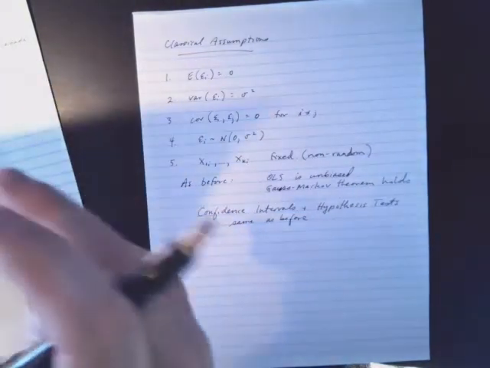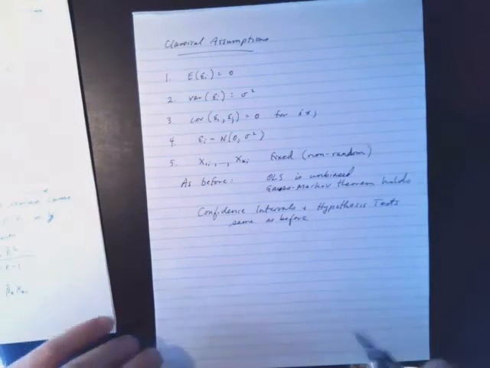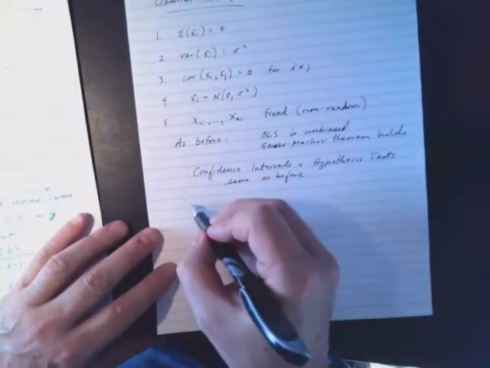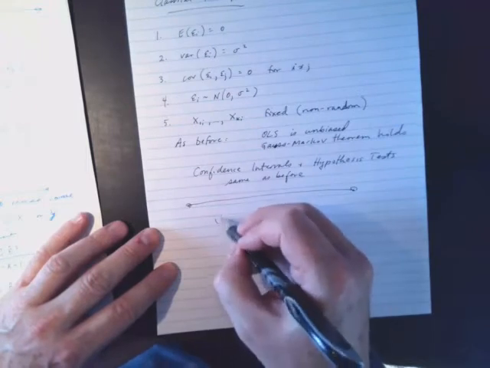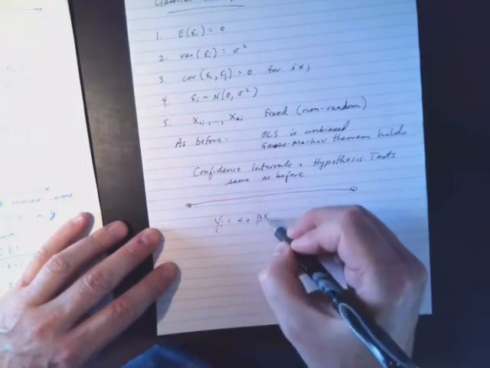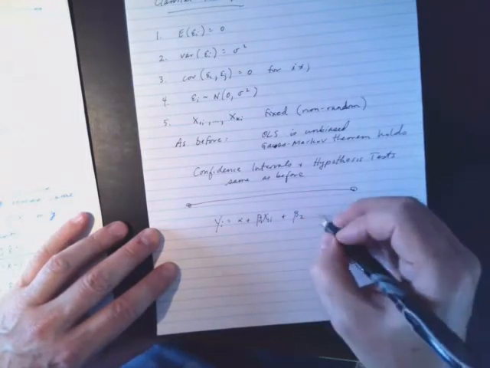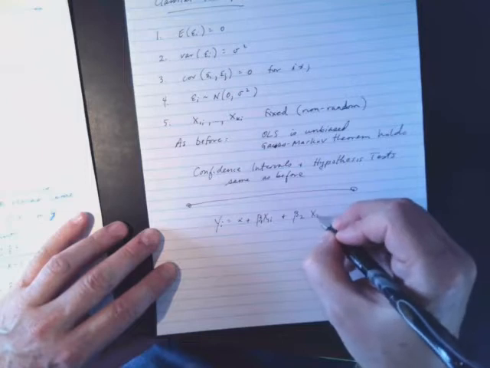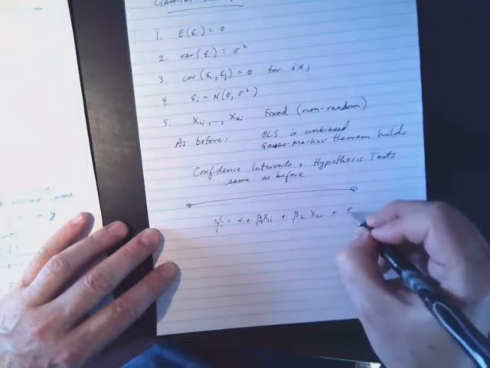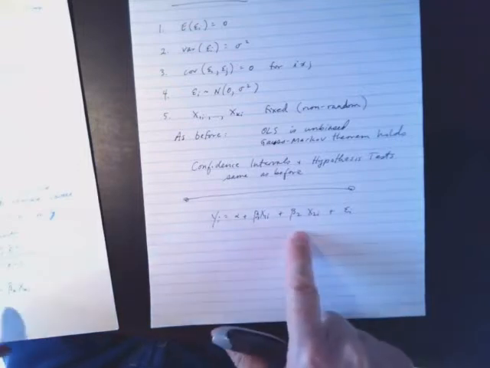Okay, so now the formulas for the two variable case. Y equals alpha plus beta 1 x1 plus beta 2 x2 plus error term. So that's our model.